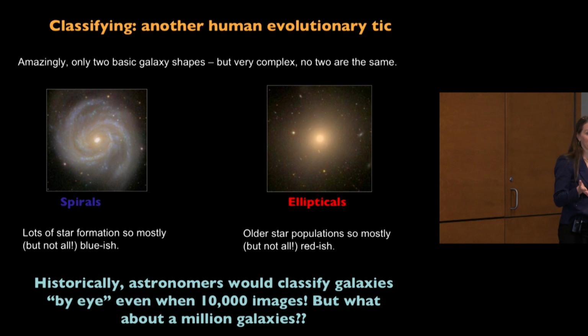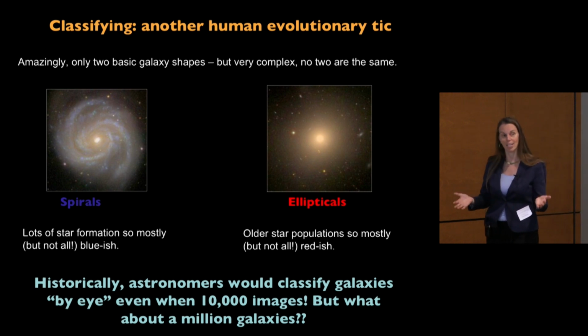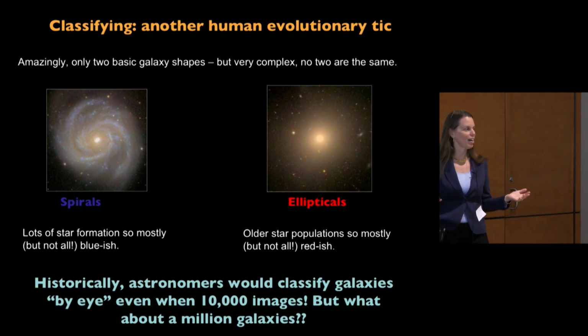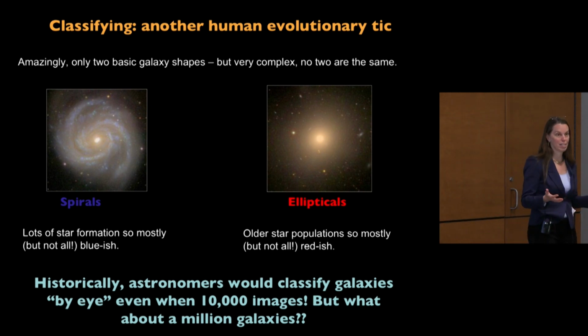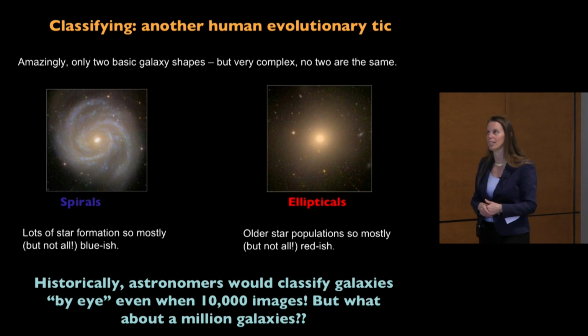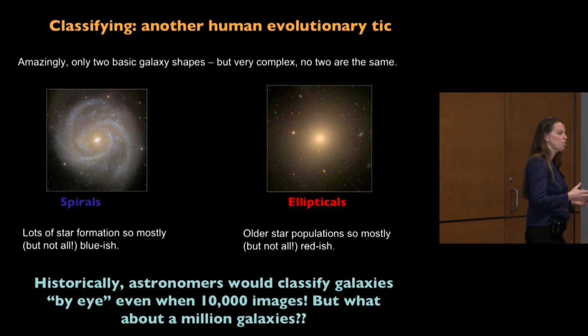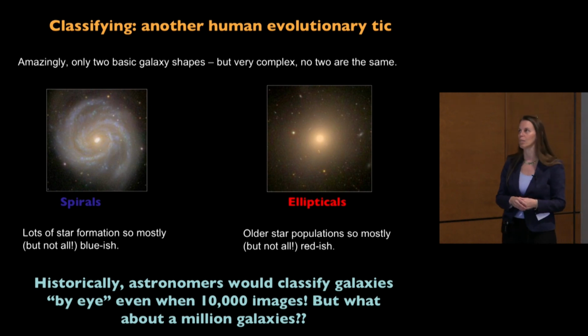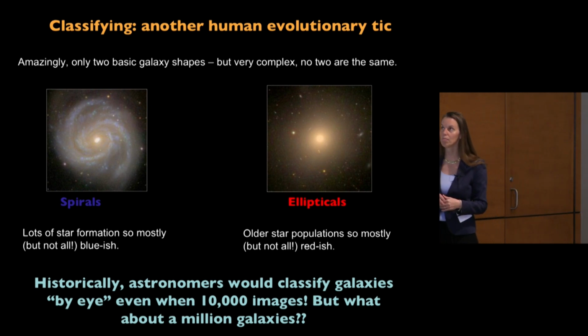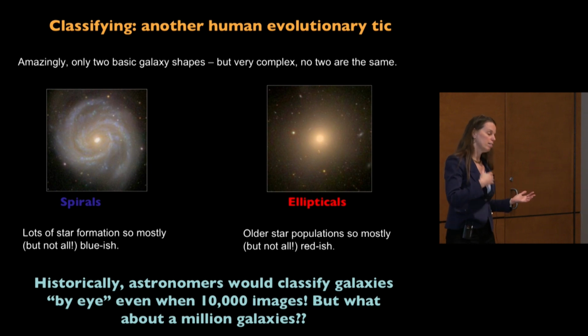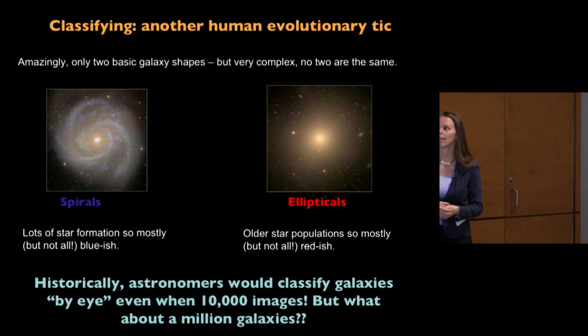Now we have the luxury, because we have a fairly advanced civilization, to be able to categorize galaxies. So this is what astronomers have been doing since Edwin Hubble, 100 some odd years ago, when he first looked at the first 100 or so galaxies from the Mount Wilson Observatory in California. And he found, and those following him found, that galaxies typically come in 2 basic types: spirals and ellipticals.